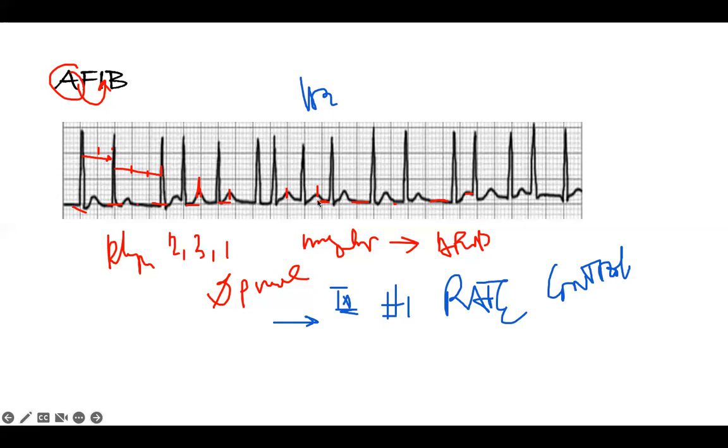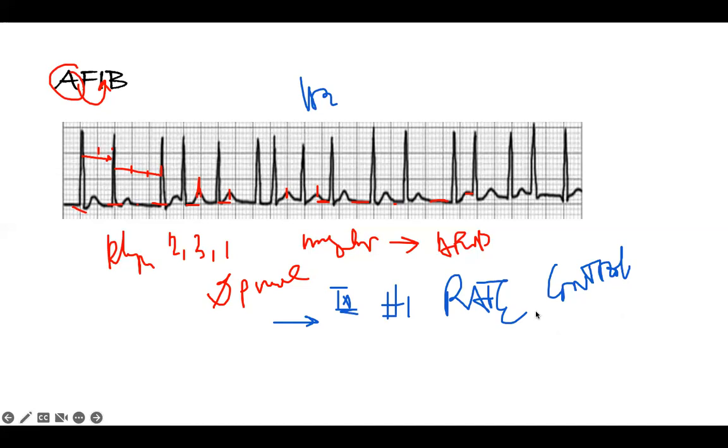You've got to count the whole thing, and it's a little bit complicated, but the heart rate is very high. They won't let you calculate the rate. They want you to recognize that it's atrial fibrillation. So you want to calculate and decrease the rate. That's the first thing. The heart rate may be like 150, 200. You need to bring it down.